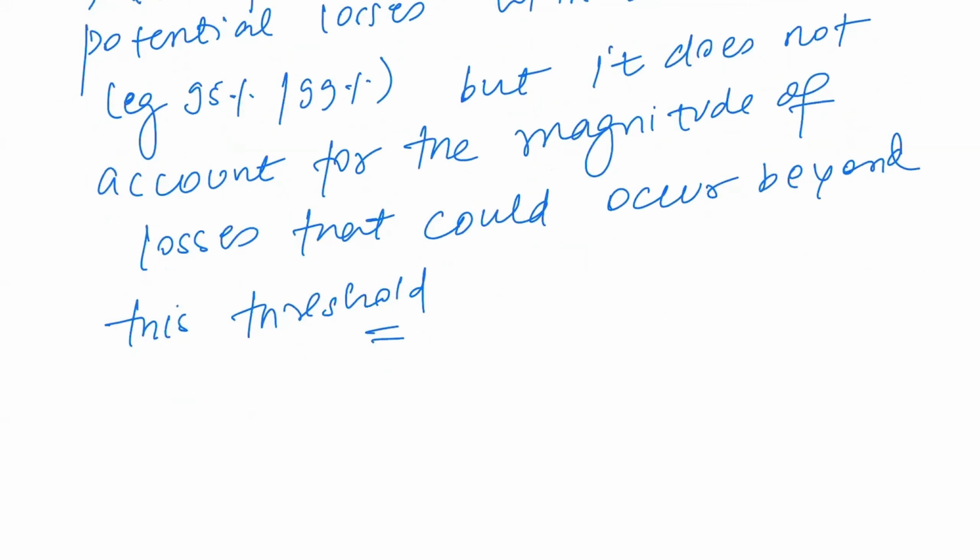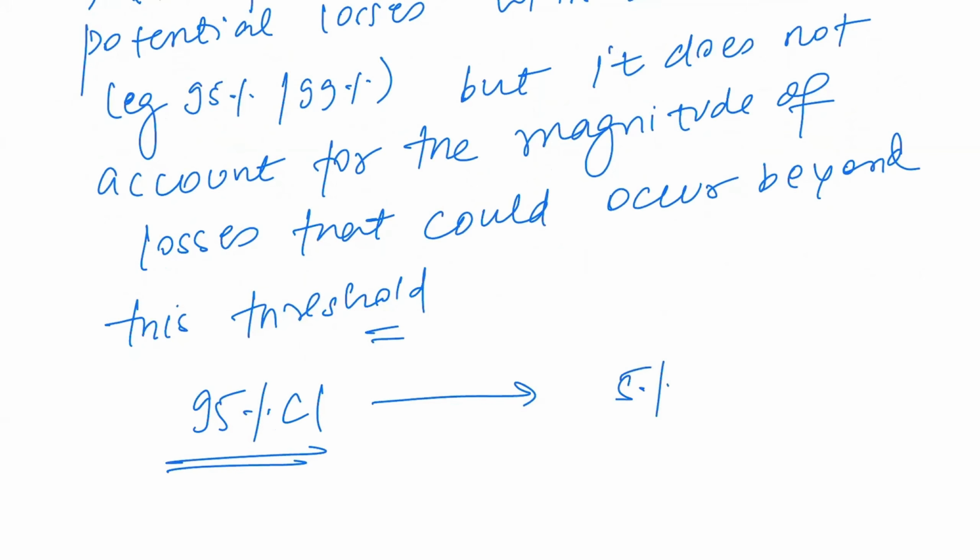We all know that when we take a 95% confidence interval, we are certain with this confidence, and uncertainty will be 5%, because at the end of the day the total should be 100%. So if we are 95% confident, it means 5% I'm not confident. It does not tell the magnitude of loss that could occur beyond this threshold.